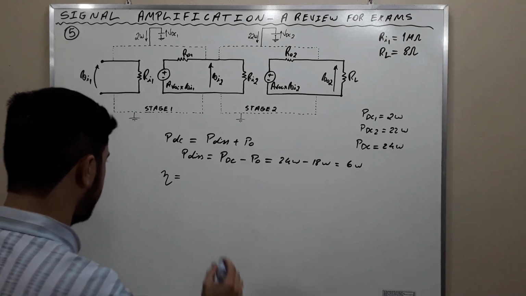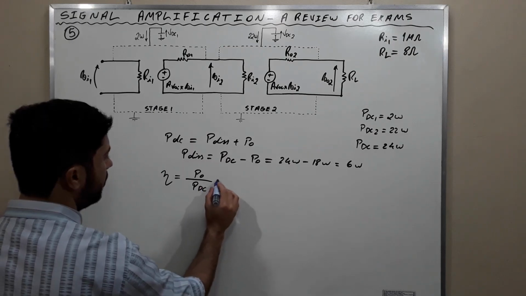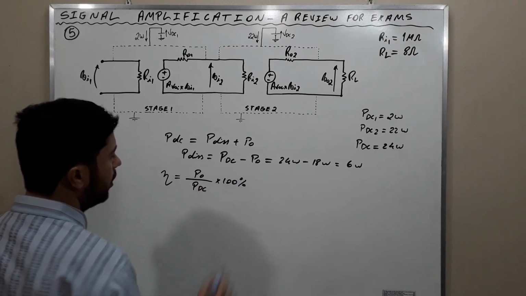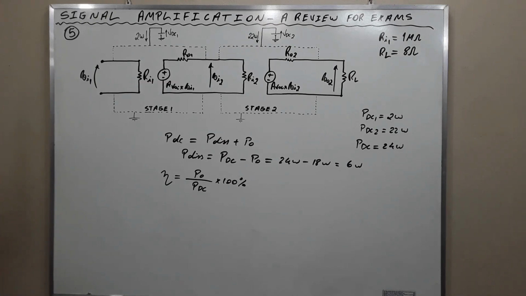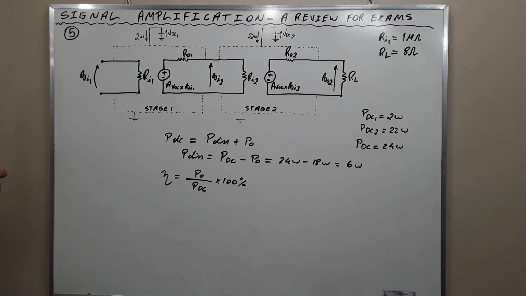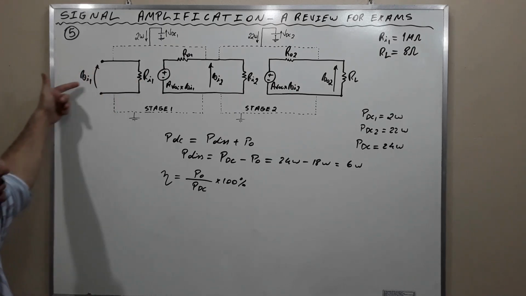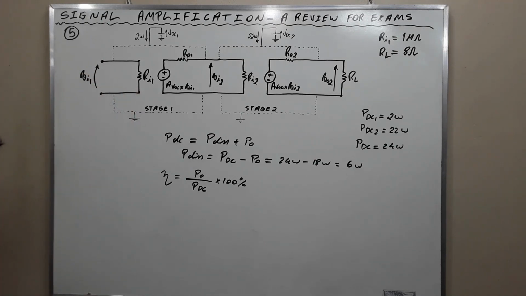The efficiency is going to be PO over PDC times 100%. Why do we consider PDC instead of Pin? Because we are accustomed to calculate efficiency based on P out divided by Pin. We observed that, once again, the input power coming from the signal, which may be coming from a transducer or a sensor, is extremely small, 10 to the negative 12, in picowatts.